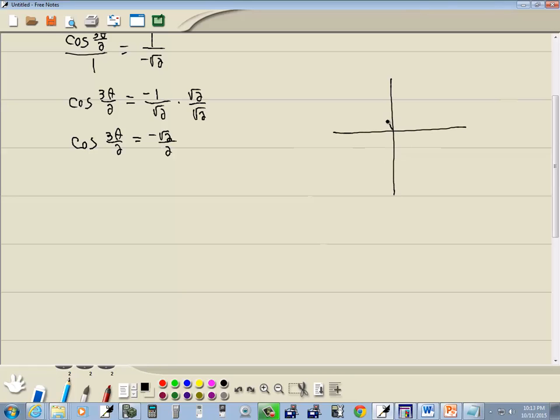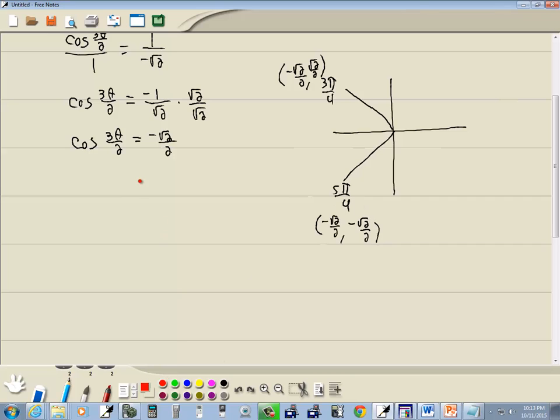Cosine, negative, what is this, 3 pi over 4, 4 pi over 4, 5 pi over 4. This point here would be negative square root of 2 over 2 and positive square root of 2 over 2. And this one would be negative square root of 2 over 2 and negative square root of 2 over 2.